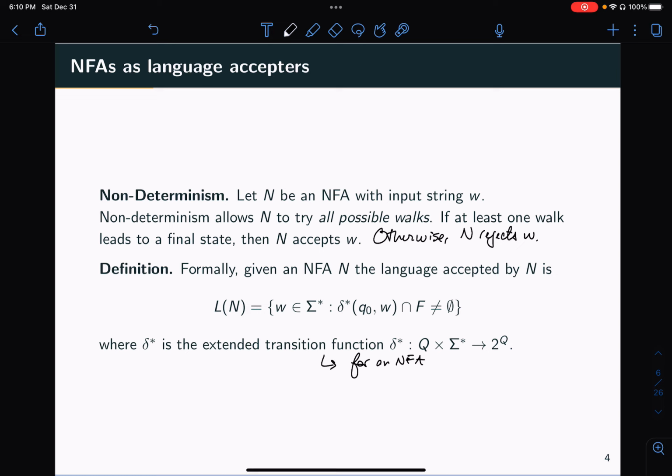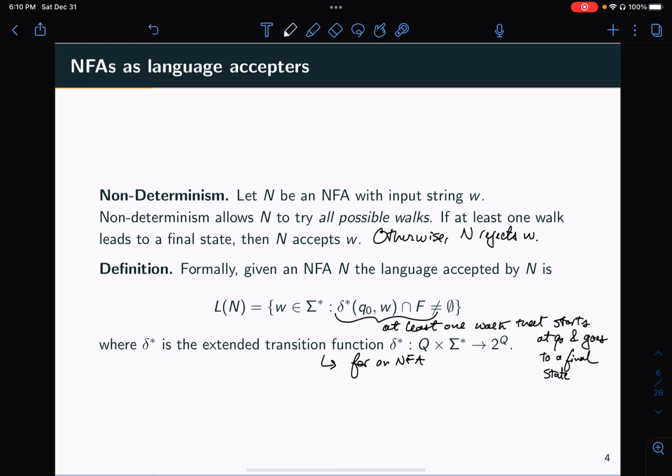And it says that the strings that are accepted by the NFA are all those strings for which there's at least one walk that starts at Q0 and goes to a final state.